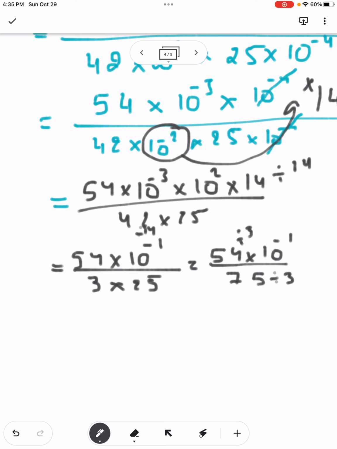حتى لو ما طلبوا مني simplify بدي ضل أعمل لا تخلص. 54 divide by 3 is 18 times 10 to the power minus 1. 75 divided by 3 is 25.